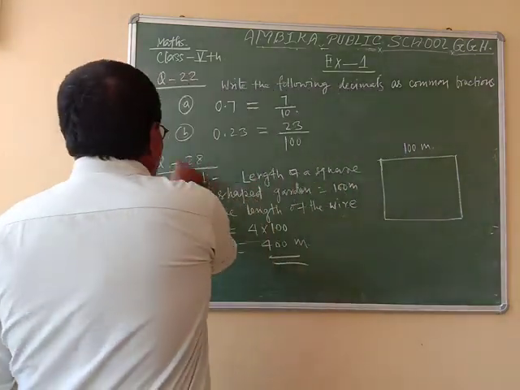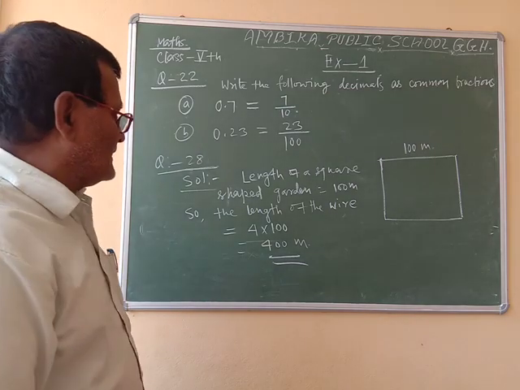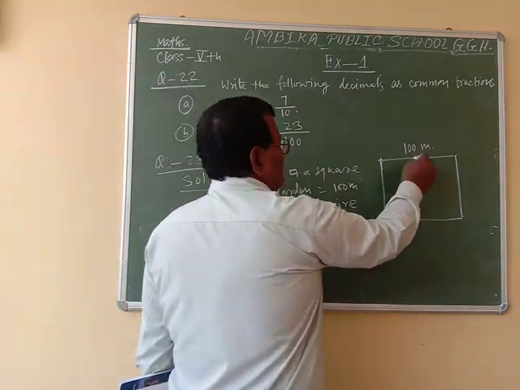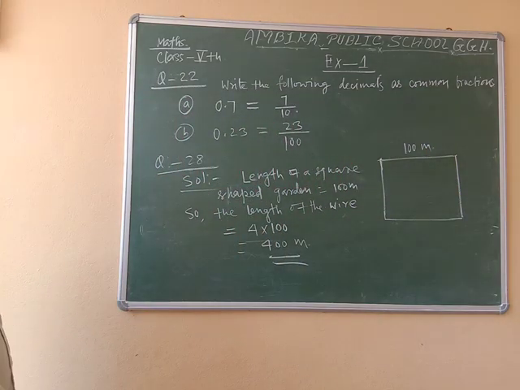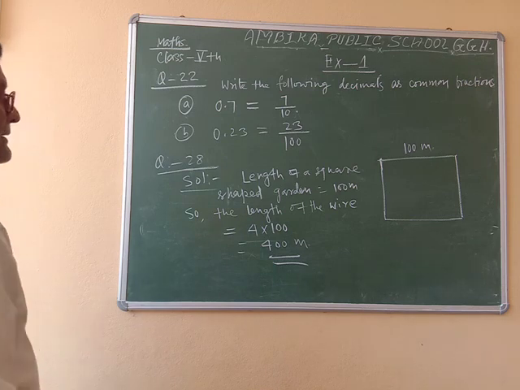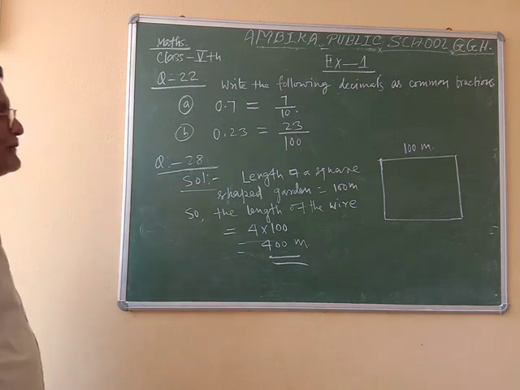Question number 28. You are given a square shaped garden which one side is 100 meter. We have to find the required length of the wire.